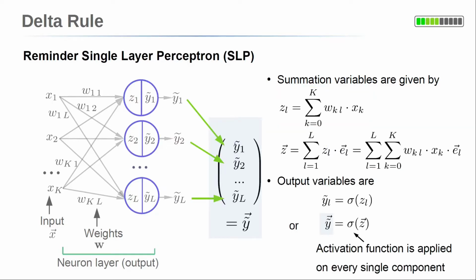The output vector y tilde is equal to the vector z if the activation function sigma is applied to every component. So we write the vector y tilde as sigma of vector z. But we keep in mind that the activation function is applied component by component.